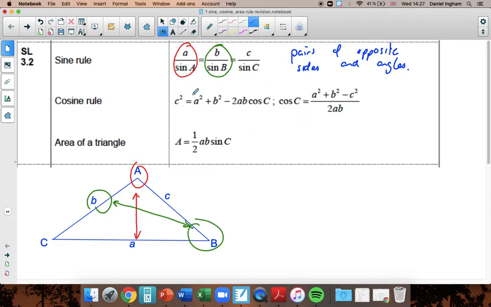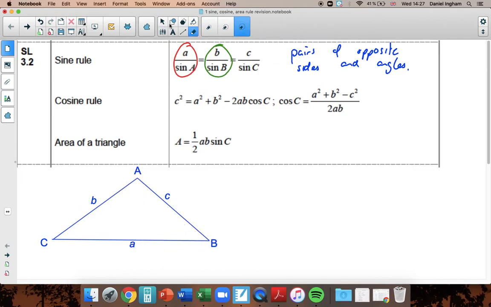And then moving on to the cosine rule. When can we use the cosine rule? Well, if we look at this version here, we've got A, we've got B, we've got A and B again, and we've got cosine C. So what we've got there is side, angle, side.